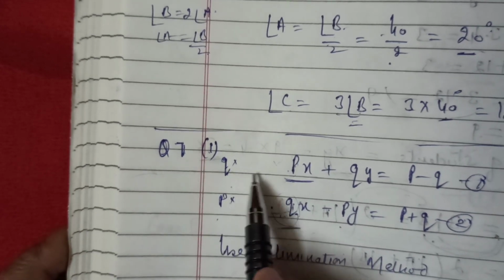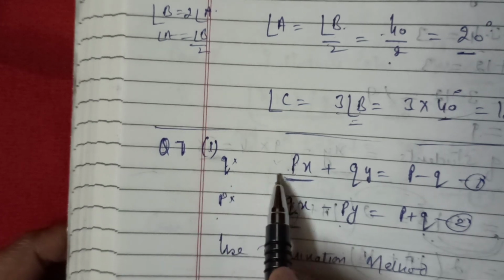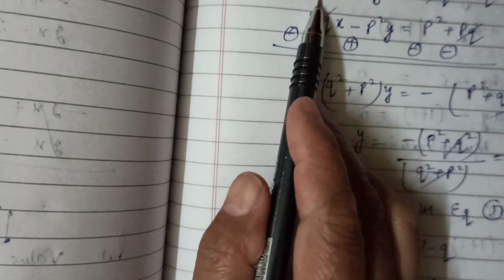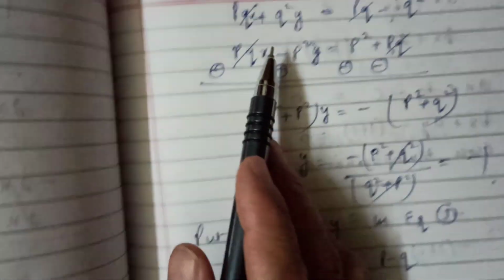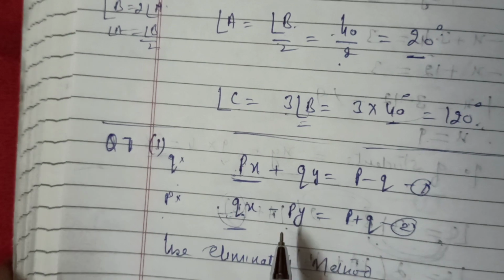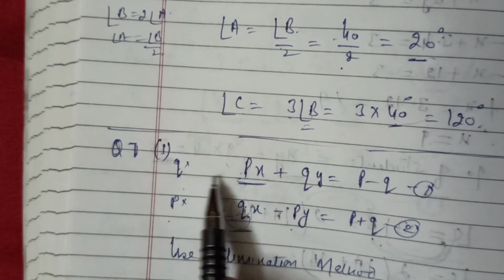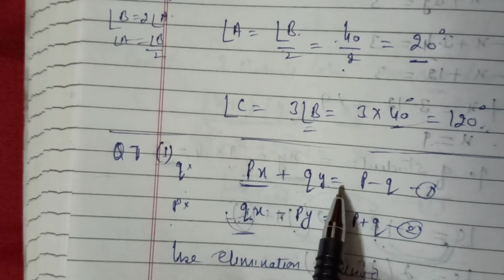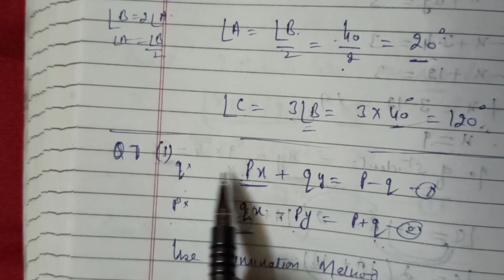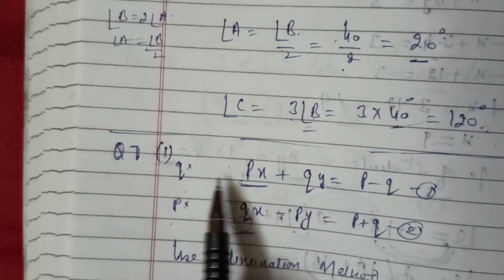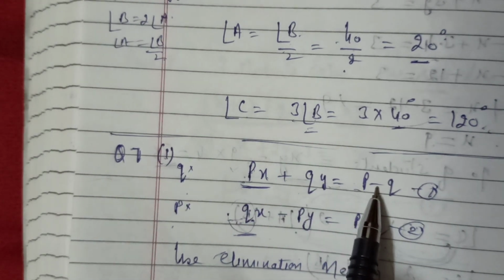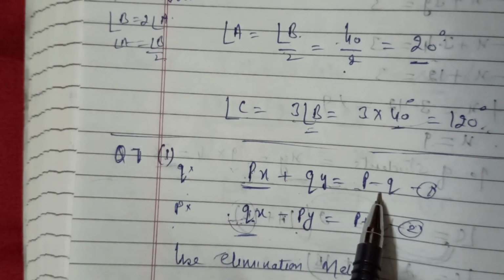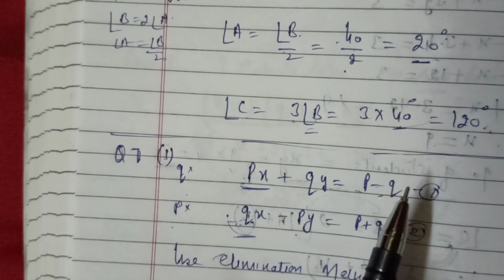Look, q multiplied by p comes out to be qpx. First I am multiplying, then I will show you. Plus q into qy comes out to be q square y, is equal to q into p, which comes out to be qp, minus q into q, which comes out to be q square, right?